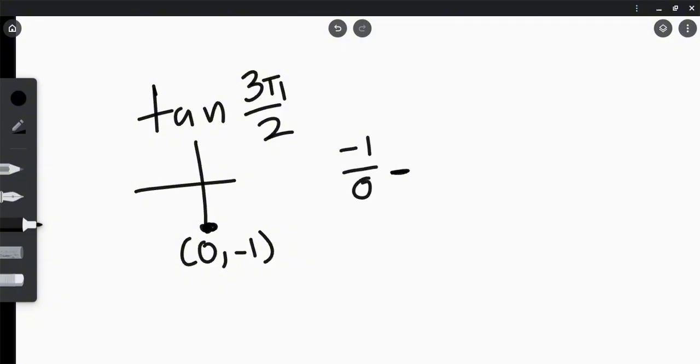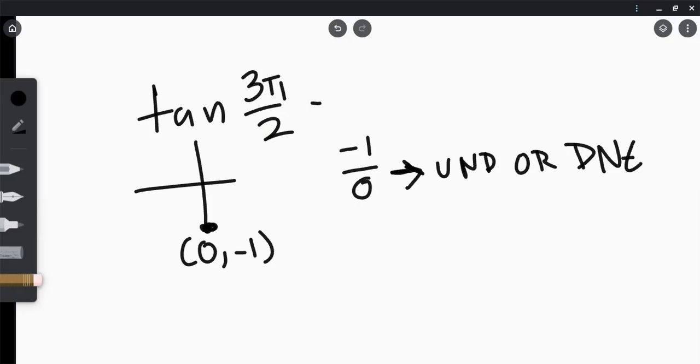But wait, this is not something that we can work with. Any number divided by 0 is just undefined, or does not exist. So if you get an answer like that, what you really have to do is just write DNE, or undefined. This does not exist. Any number divided by 0, if you write that in a calculator, will give you an error, or a syntax error, or whatever it is. But that is not something that you're expected to get as a number.